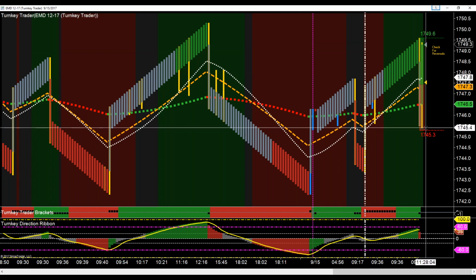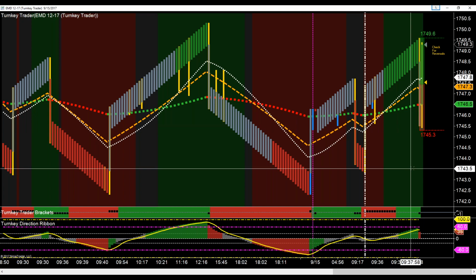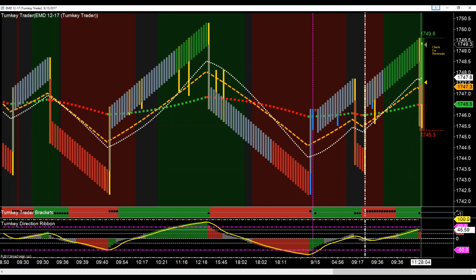I guess it technically could be a bounce. But again, with the bounces, it does technically qualify by the rules of a bounce, but it's not really what I would like to see for a bounce trade.